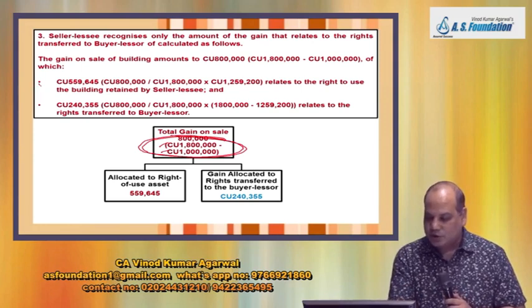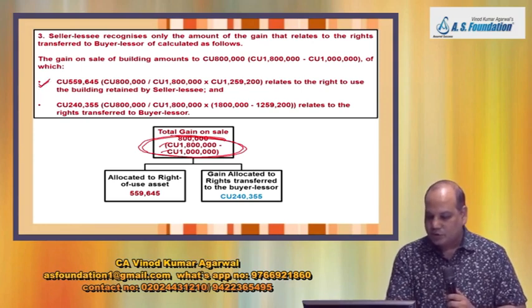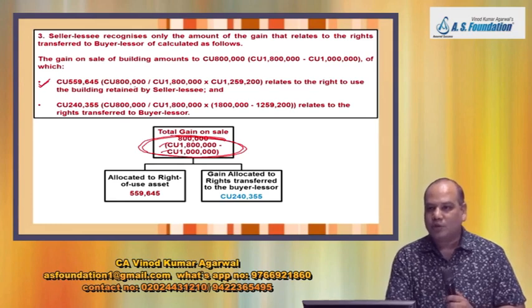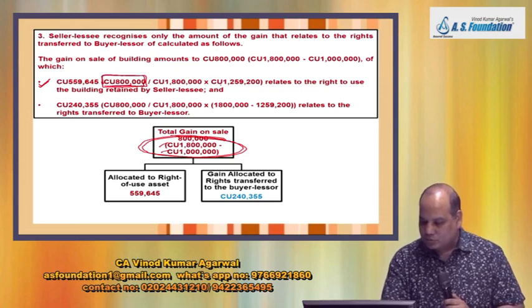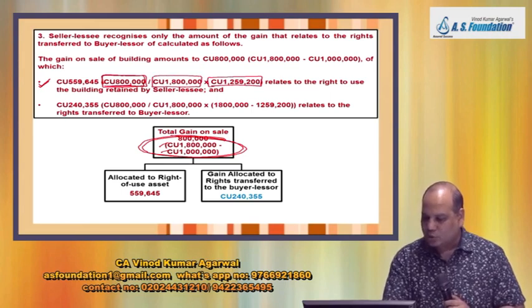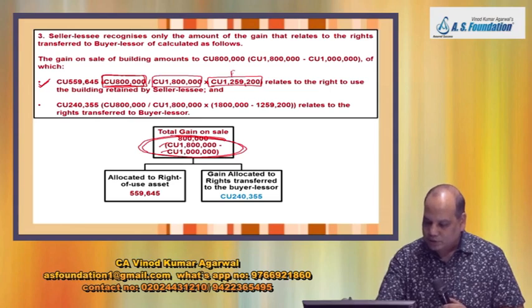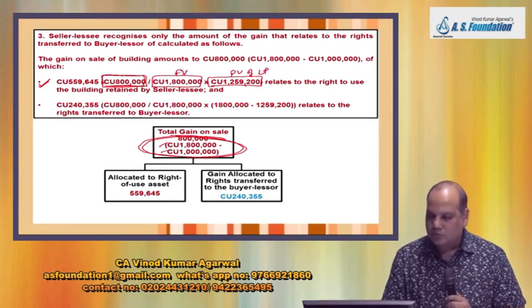So the first calculation gives me the gain on that part which we have retained, a proportionate amount. 8 lakh is the gain, into 12,59,200 divided by 18 lakh. 12,59,200 is the present value of lease payment and 18 lakh is the fair value.